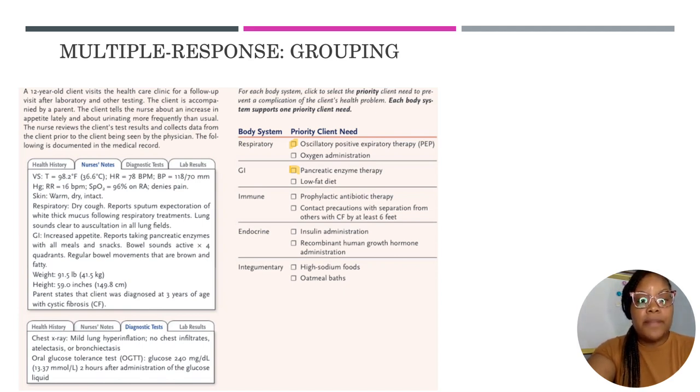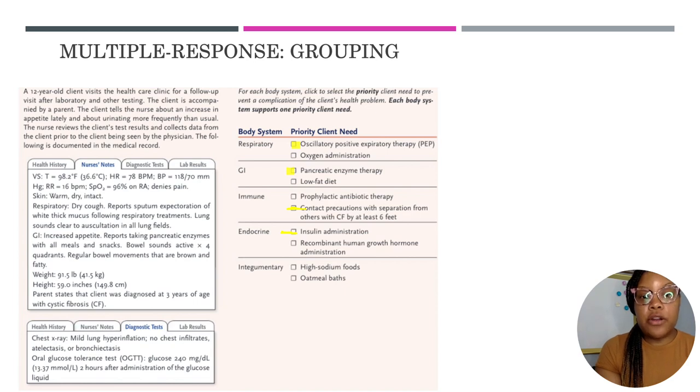So 2 hours later, their blood sugar is still pretty elevated. So patients who have CF are at risk for CF-related diabetes. So we looked at our blood sugar level, and our blood sugar level is high. So guess what? Insulin administration would be appropriate in this setting.